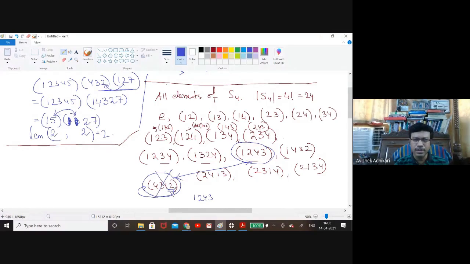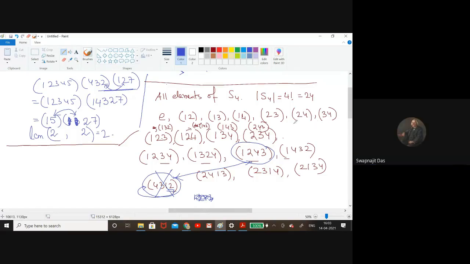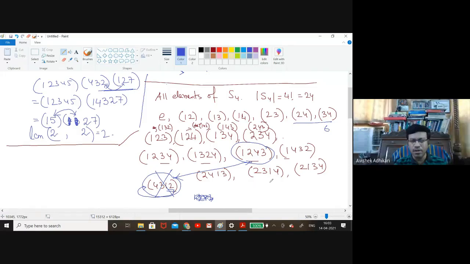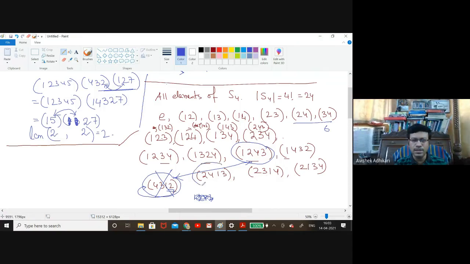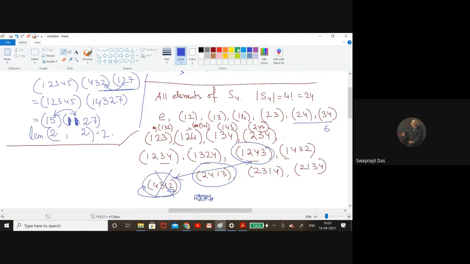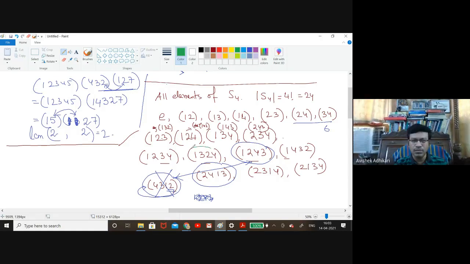Okay, then what else? So 1 2 3 4 5 6, 6 elements are already there here. Sir, you have 6 elements. Yes, 2413 and 1324 are the same. Okay, let's check. 2413 and 1324, yes, that is also the same.